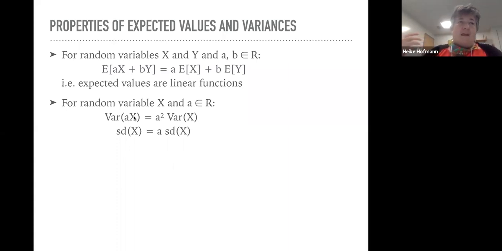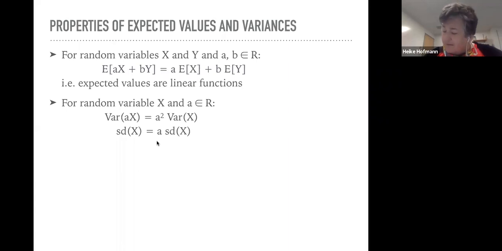So scalars are squared, which also means that if we look back at the standard deviation, we can fix that. So the standard deviation of AX is equal to A times the standard deviation of X.